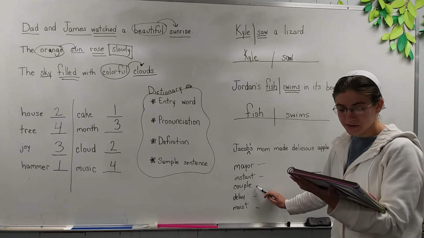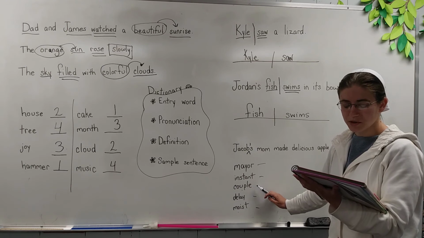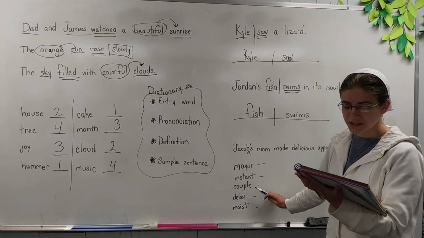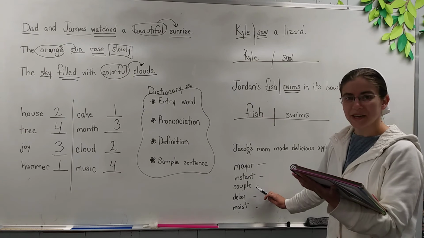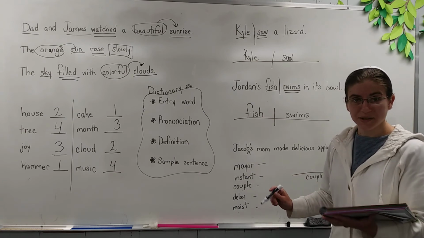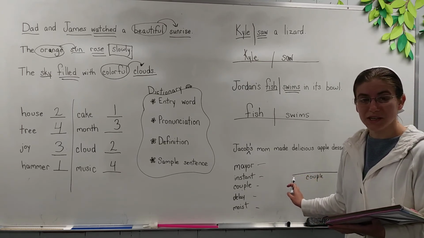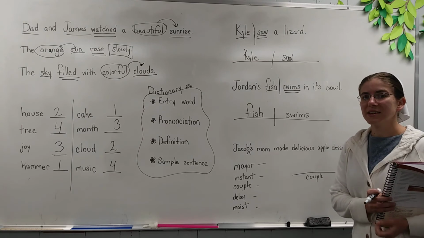It says noun. Couple means 2 objects that are similar. And then it gives the pronunciation, couple. And then it says synonyms, pair, set, team. So write either pair, set, or team in the blank as a synonym.